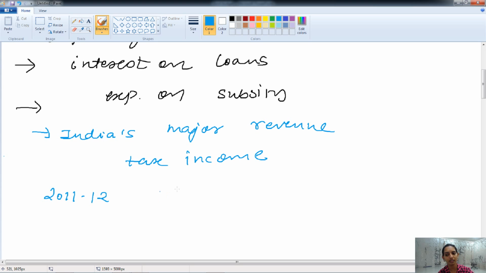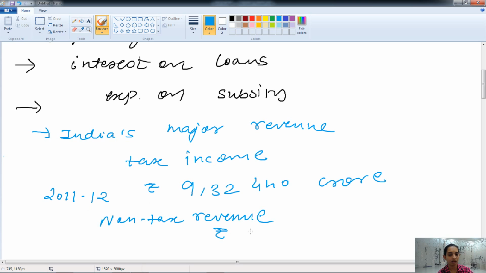In the year 2011-12, the tax revenue collected by the central government, the gross revenue, is rupees 9,32,450 crore. Okay, so the tax revenue is very high.